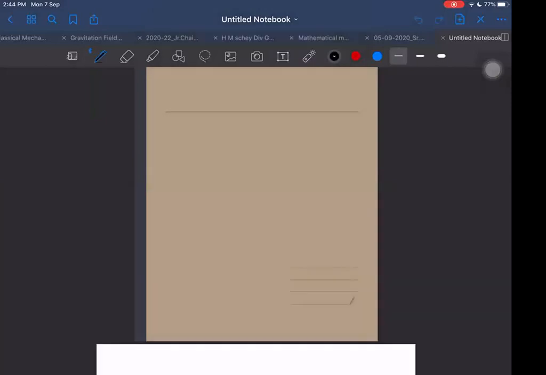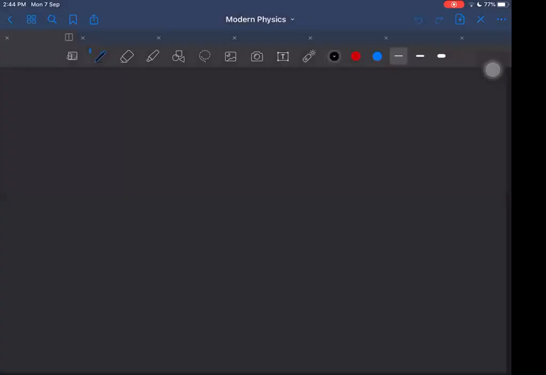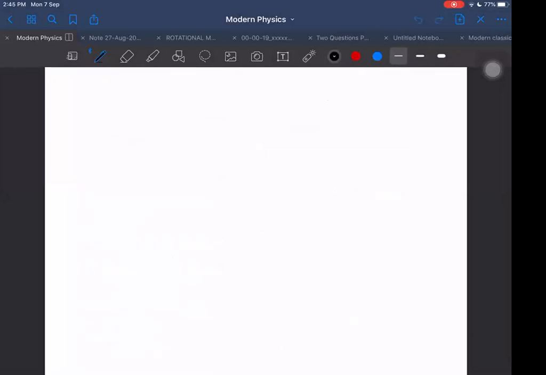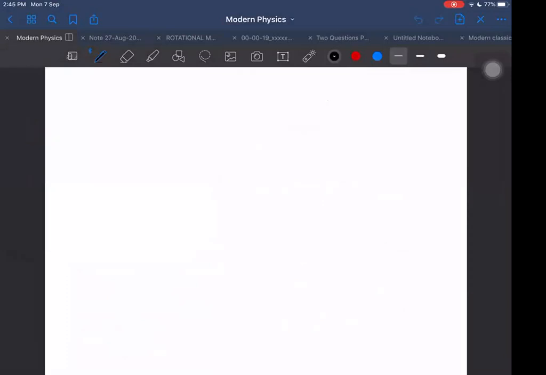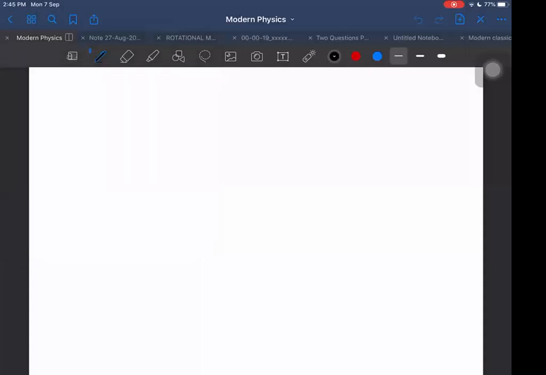I can include it in modern physics only. Where is the modern physics? Here it is. So let us start. X-rays is one way to go, or Bohr's atomic model another way.